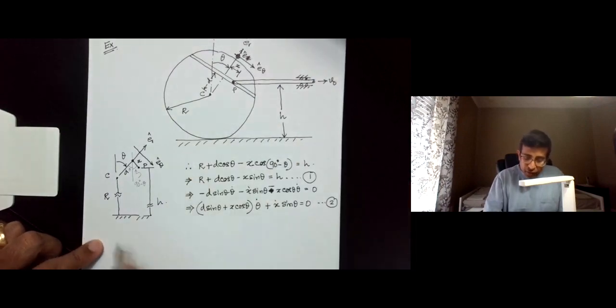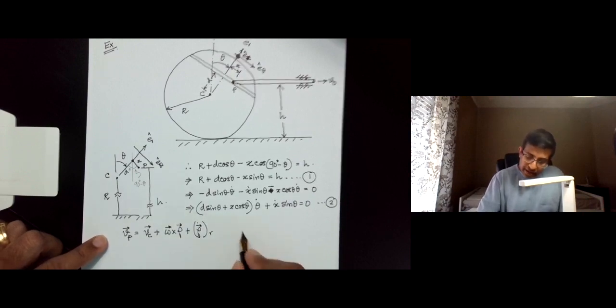So let us formulate this and say that Vp is equal to Vc plus omega cross rho plus rho dot r. Okay. Now let us explain this.